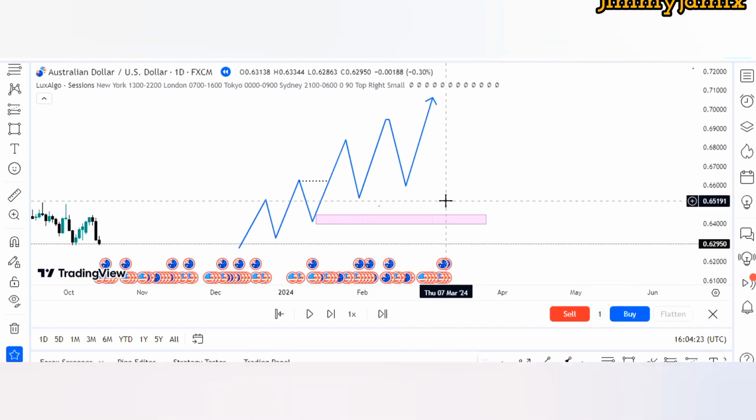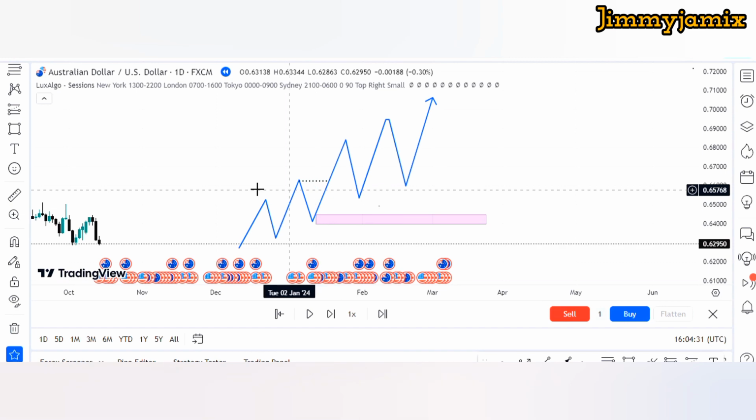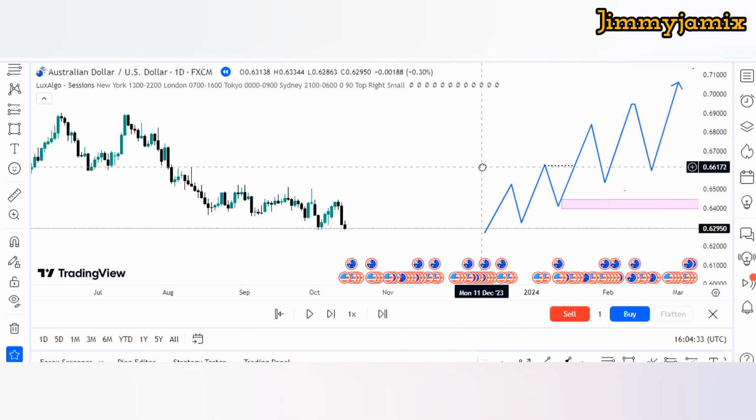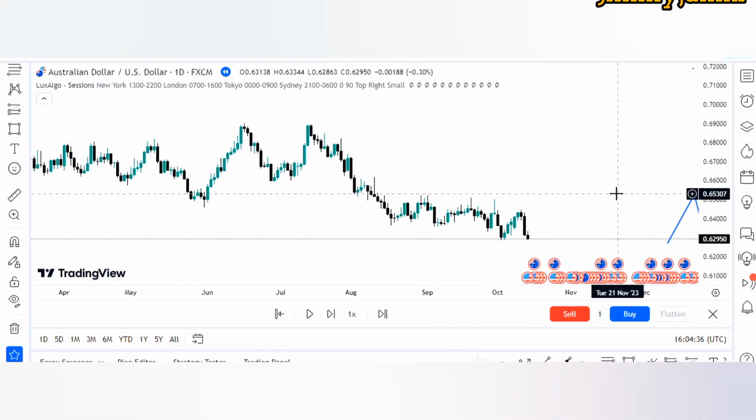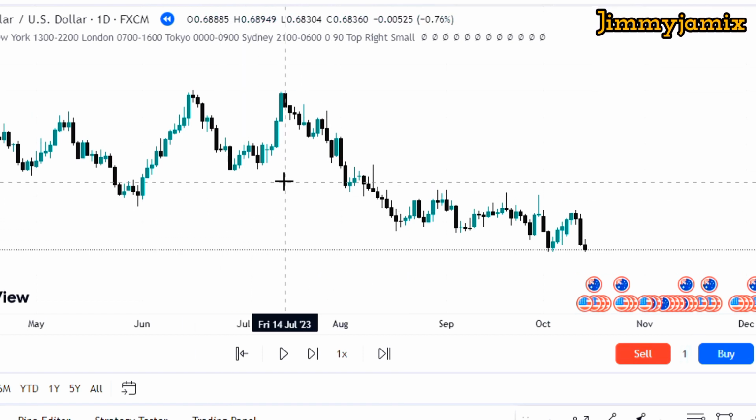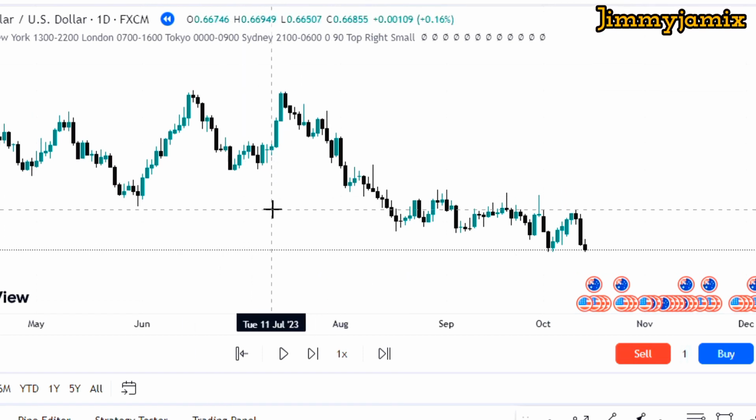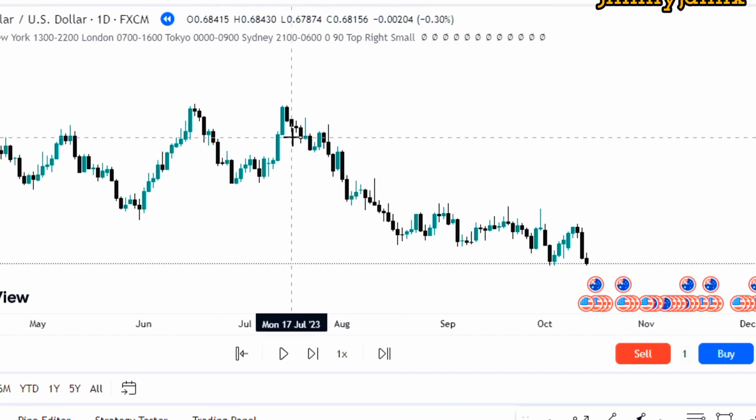As we've said, a fair value gap is just a point where the market is being imbalanced. Let me go to the chart and show you what I mean. You must look for three consecutive candles.